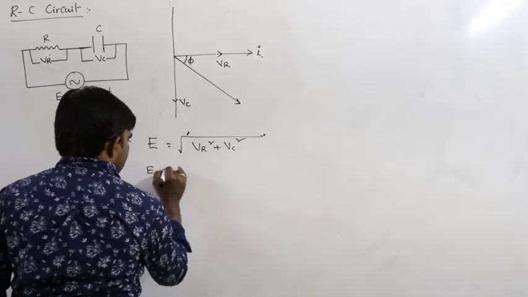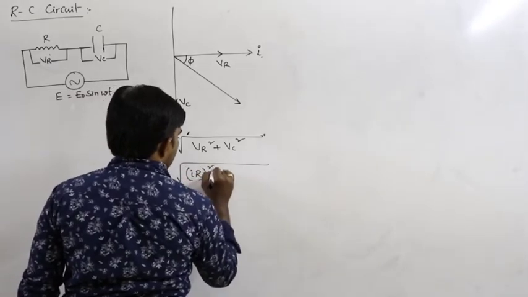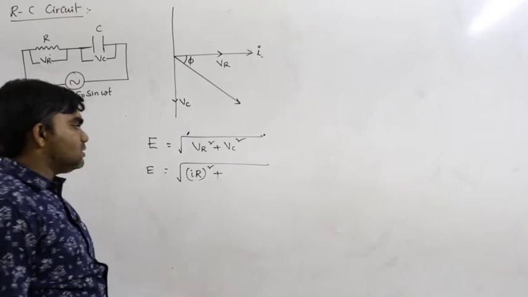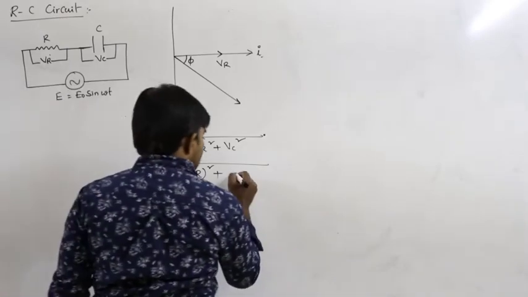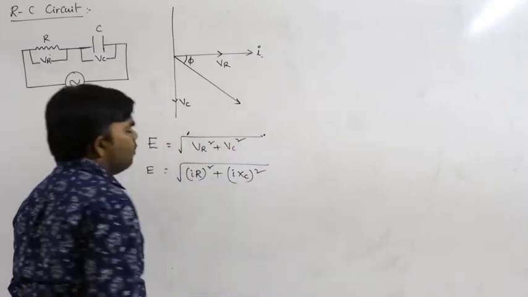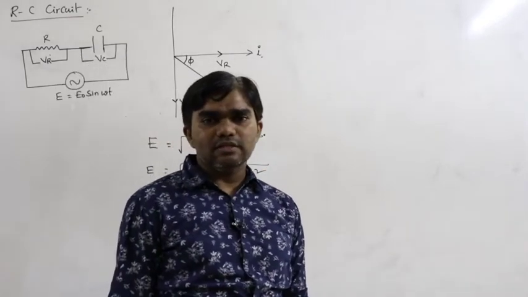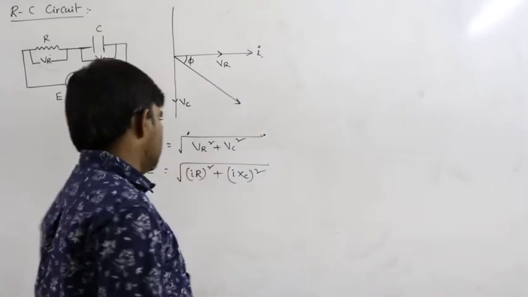Then E can be written as VR, which is IR, whole square, plus VC, which is nothing but I XC, whole square. What is XC? XC is the capacitive reactance.